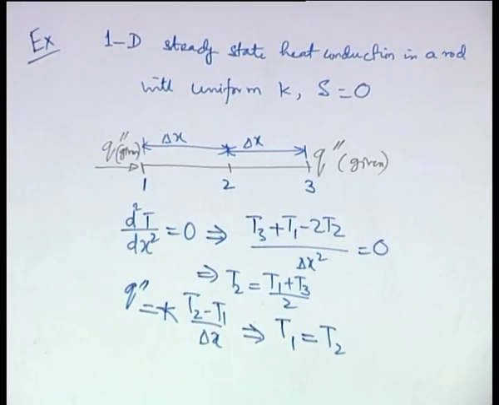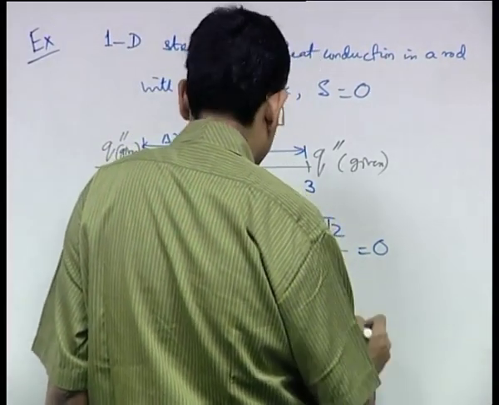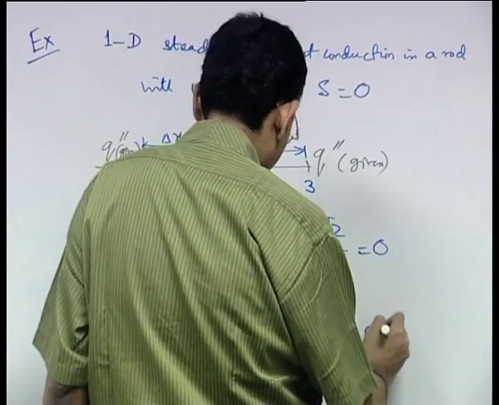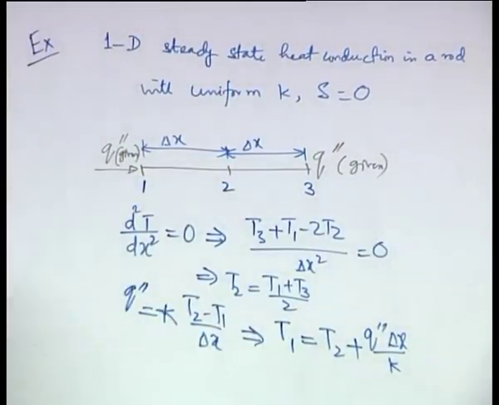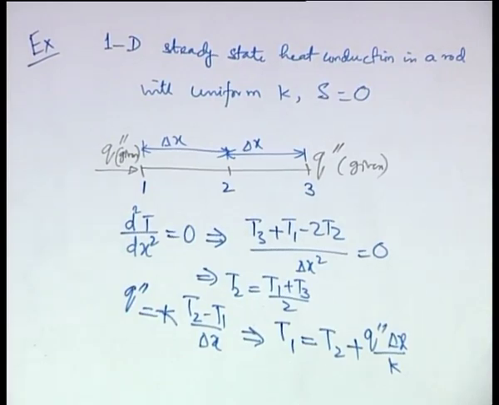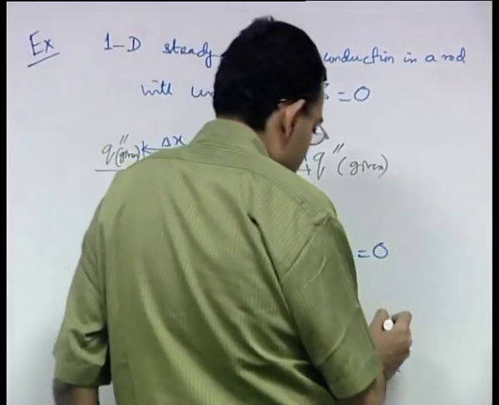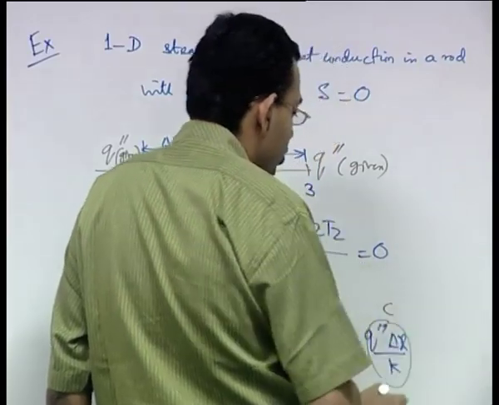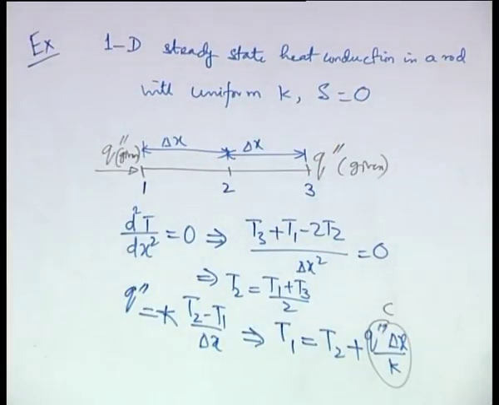So, T1 is equal to T2 plus q delta x by k. Just for symbolic notation, let us call it as C, some constant.